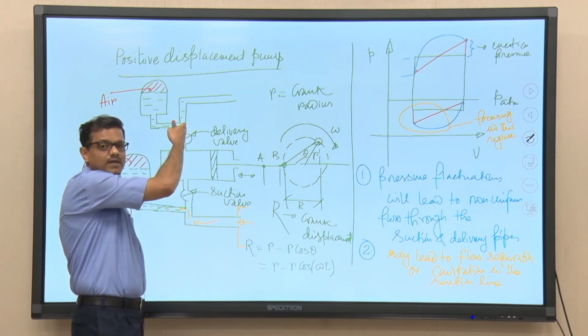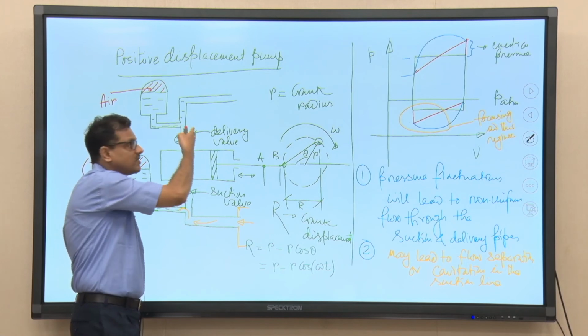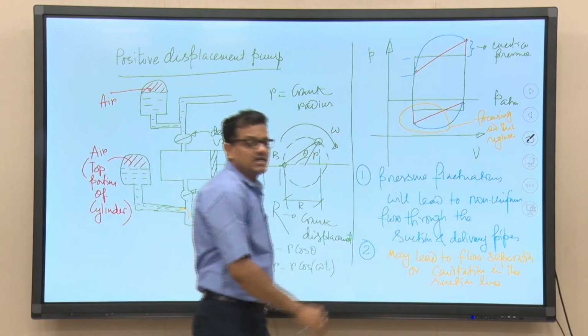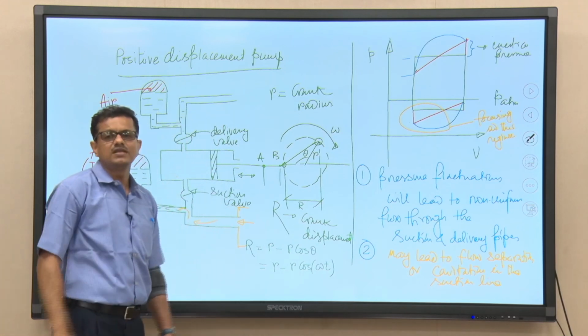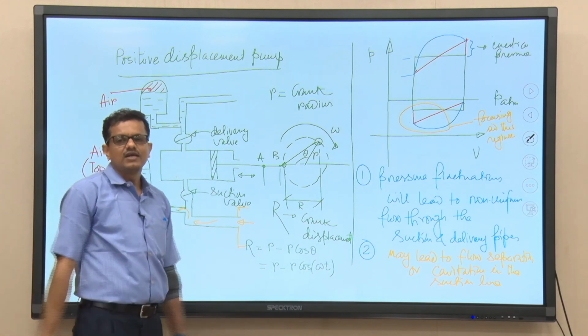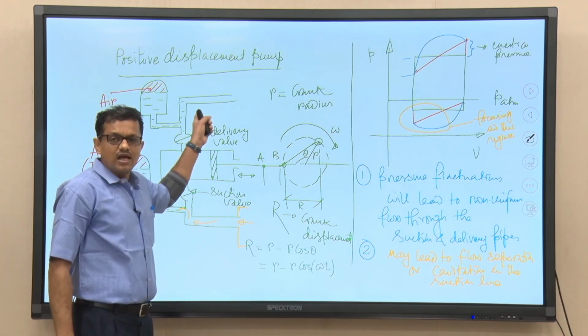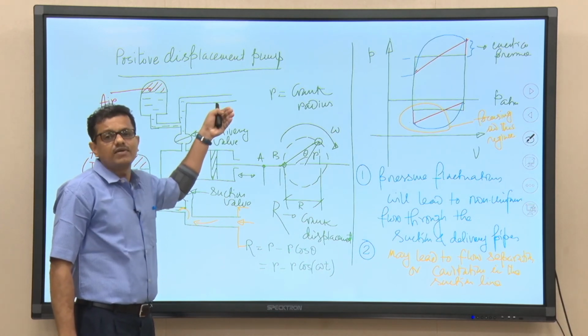What is the relevant pipeline for this case? Delivery pipeline. So, delivery pipeline pressure will reduce, that is the inertia pressure drop, because of the deceleration effect. So, again the flow rate through the delivery pipeline will be reduced and will be lesser than the average flow rate.